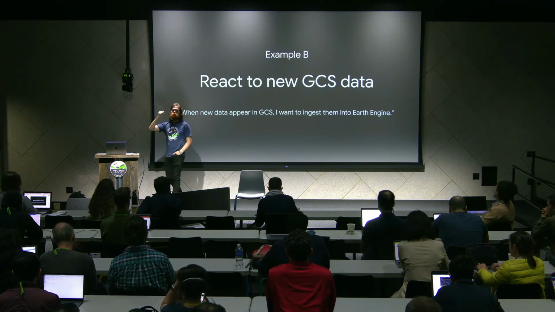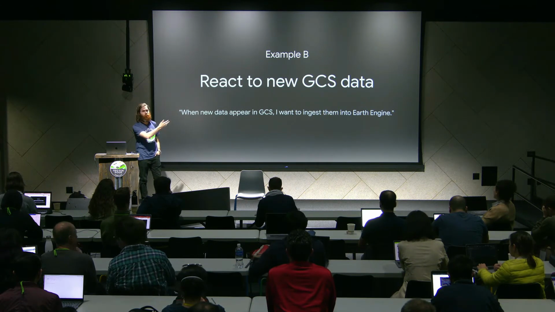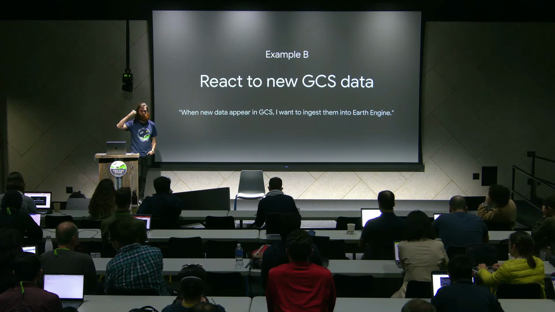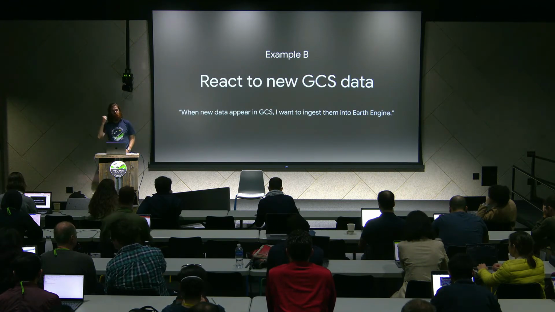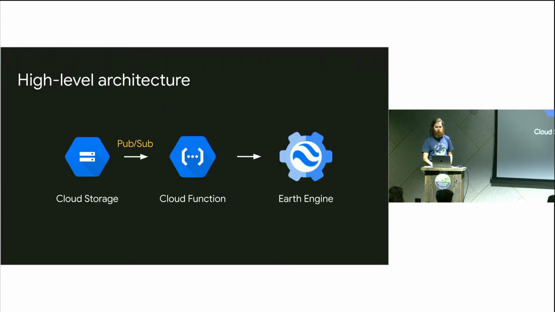You can choose to have that send events through pub/sub, and functions can subscribe to those events and then handle the particular files that have materialized in your bucket. Okay? So this is the high-level architecture. All we did was swap out the scheduler driving pub/sub to do a thing for cloud storage having pub/sub do a thing. And this is kind of cool because we don't even need to configure the topic.